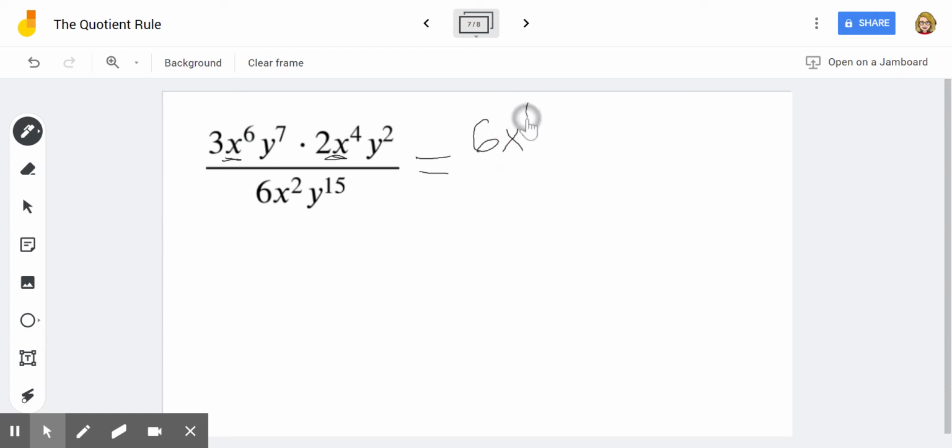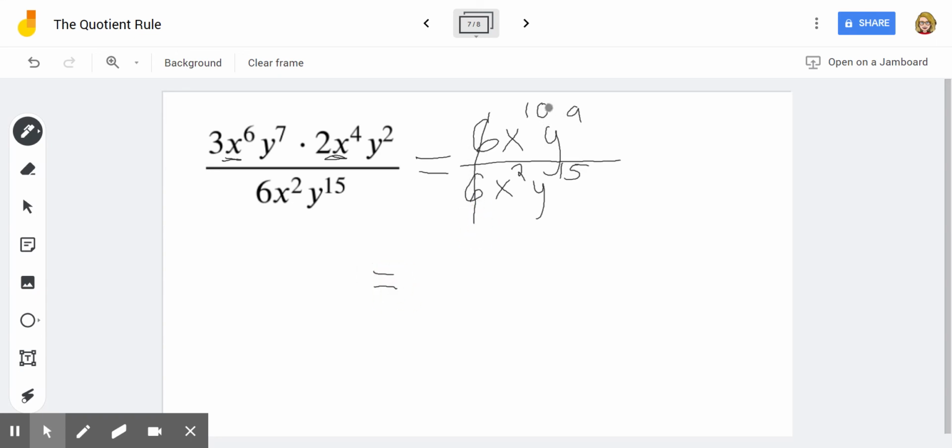That becomes x to the 10th. y to the 7th plus y squared, that is going to be y to the 9th. Okay, I have 6x squared y to the 15th on the bottom. Okay, look at your coefficients. These can be simplified. 6 divided by 6 is 1, so they cancel out.